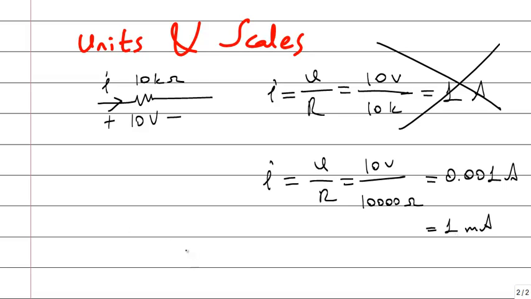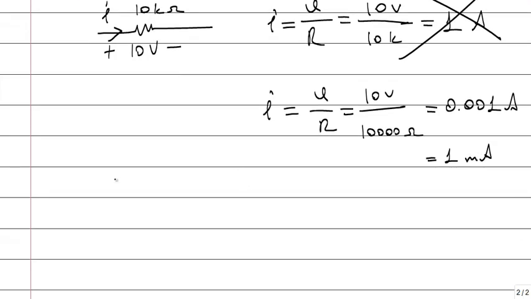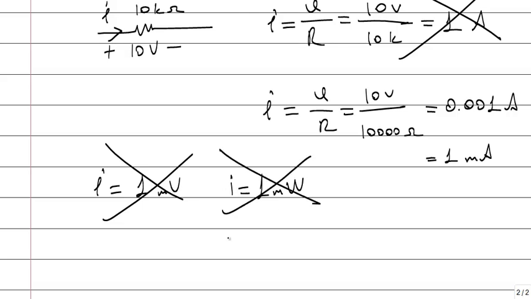If you write, for example, the current is 1 millivolt, you lose some points. If you write 1 milliwatts, you lose your points. The units are very important and scales are very important.